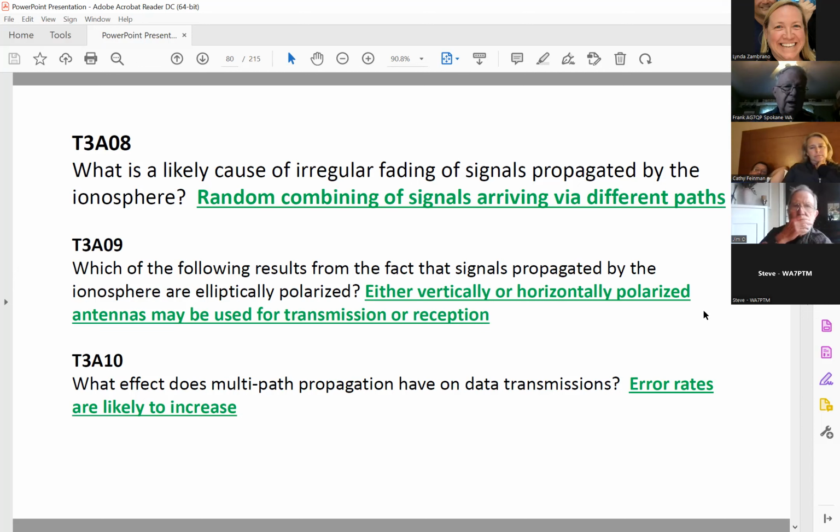The other problem is that sometimes radio waves go out in all directions. What happens when one radio wave goes out one direction and then comes to your antenna, and another one goes off another place, bounces off and comes back to your antenna? You have the same wave coming back by 2 different paths to your antenna. If they're not exactly in phase, guess what? They interfere with each other.